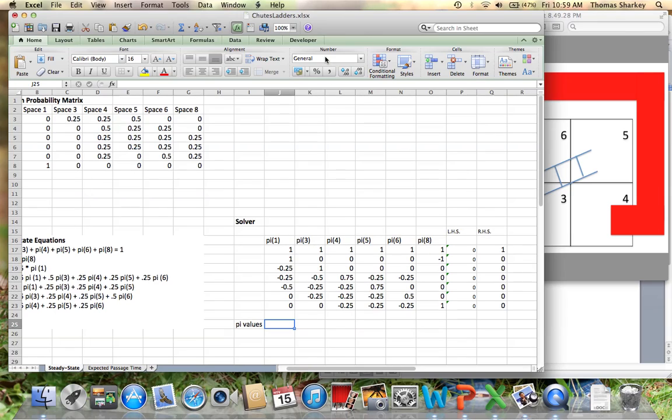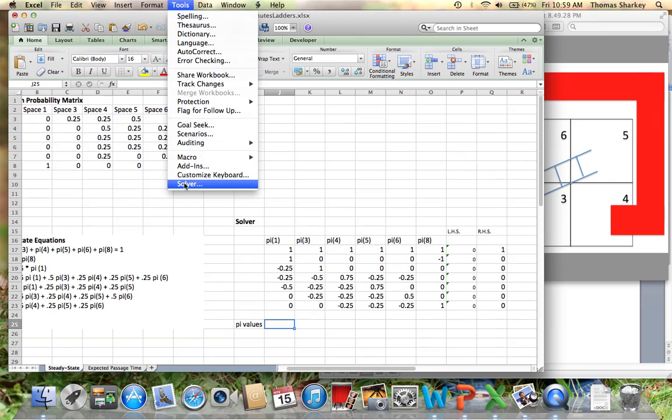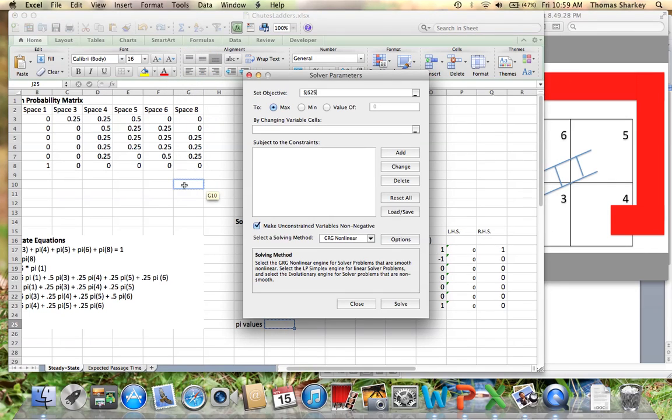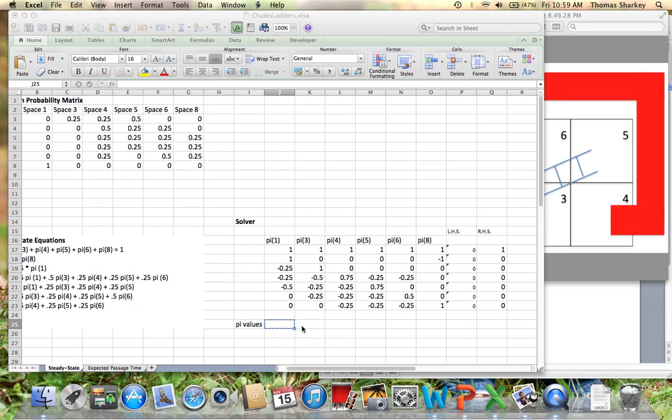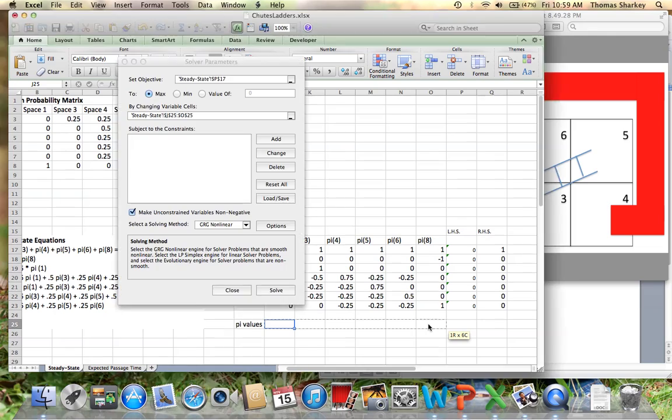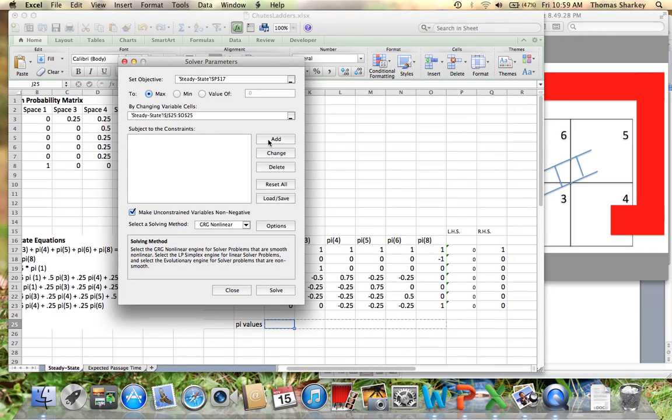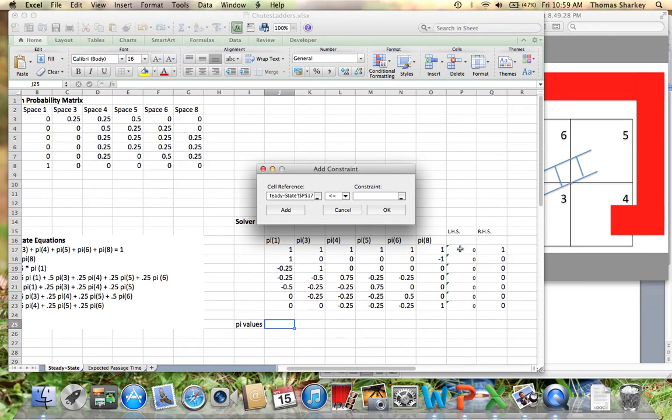So at this stage, we're ready to bring up our solver. Again, we can choose any mathematical expression to be our objective, so we'll look at the left-hand side being our objective. We're going to change our pi values. And then we'll say that all the left-hand sides, since we're dealing with all equality constraints, have to equal our right-hand sides.